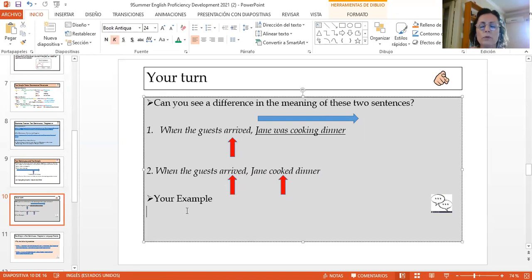So for example, what example can you think of? Last night, what were you doing? I was watching a series. Remember how is the verb? How does it finish?